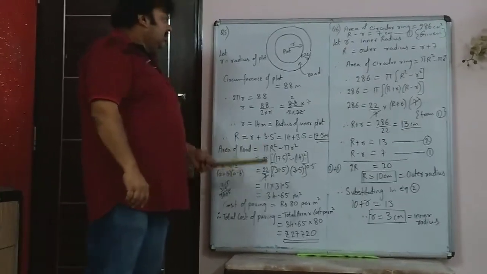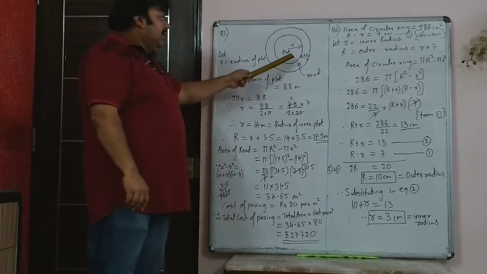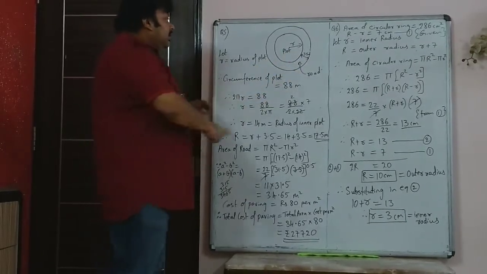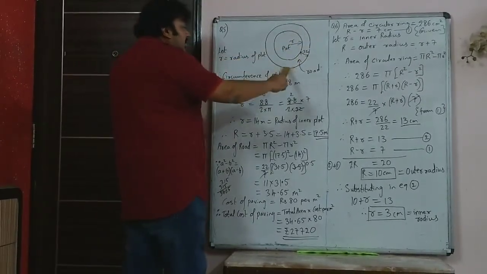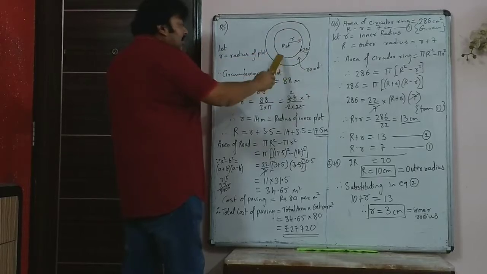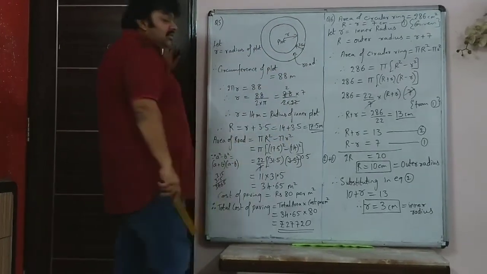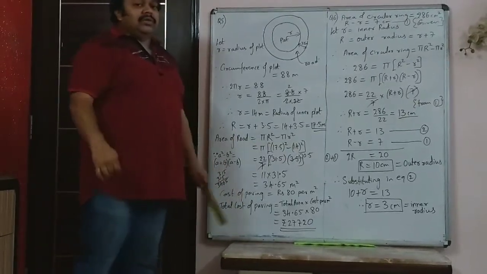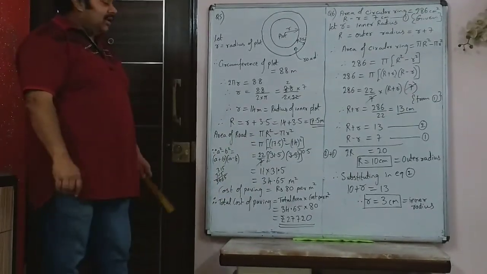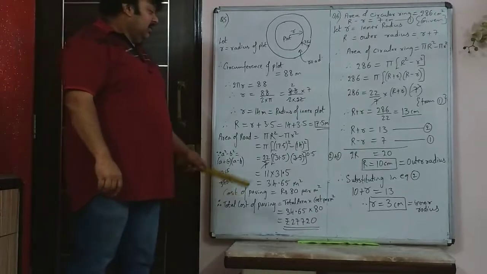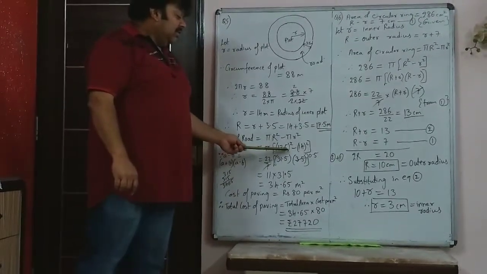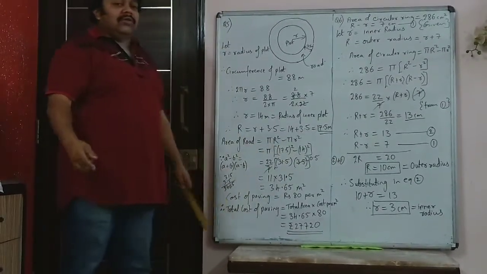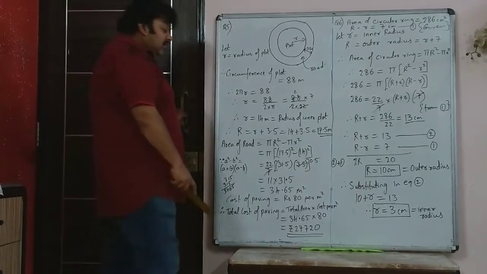So the area of the road is outer area minus inner area. So area of the road is only this ring. So that is outer area pi R squared minus pi small r squared. Take pi common. Again we are using the same thing. A squared minus b squared is a plus b, a minus b. So we are using 17.5 plus 14 and 17.5 minus 14.